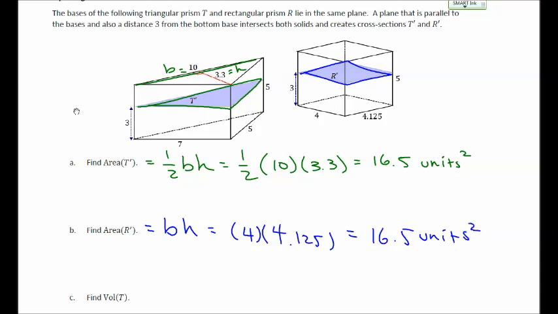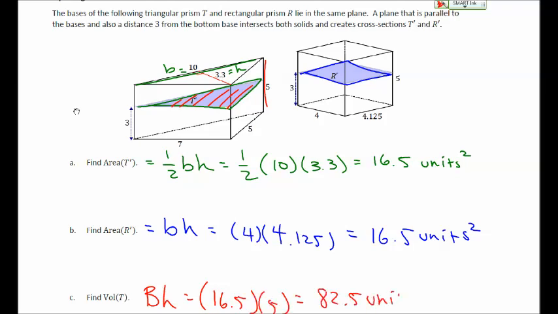All right. Now, notice that when I find the volume of T prime, it is the area of the base, which is 16.5, times the height of 5, which is 82.5 cubic units. Now, I don't have it on my screen, but down below at D, it asks you to find the volume of R, which is a prism, so it's area of the base times the height.